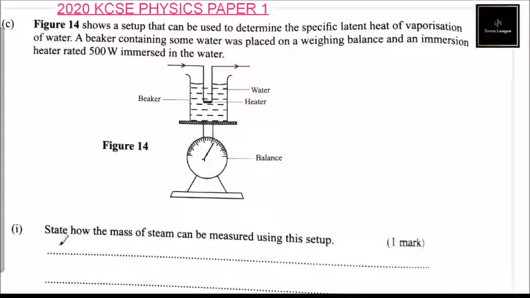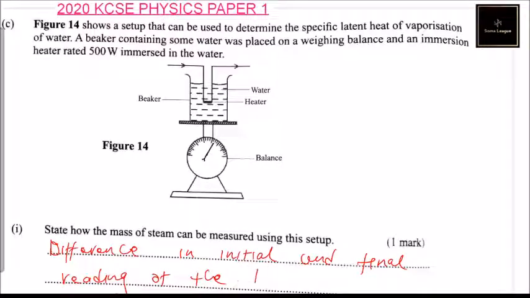So we can be able to measure the mass of steam by getting the difference in initial and final reading of the beam balance.